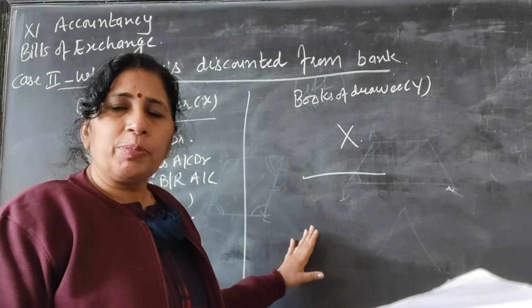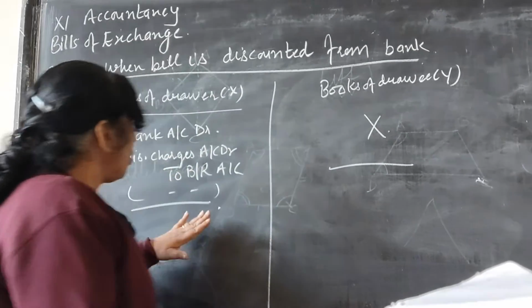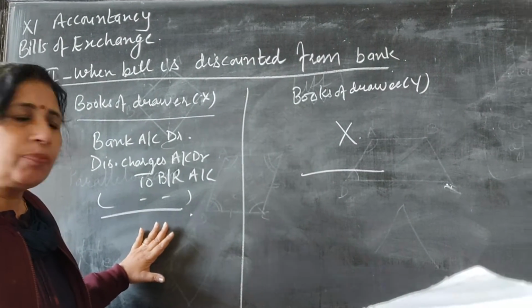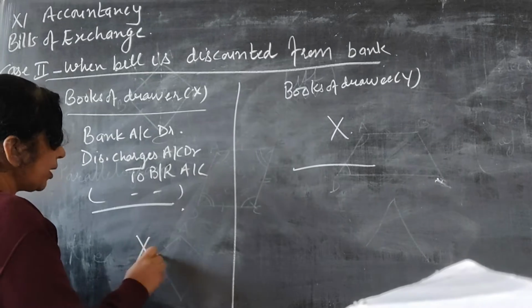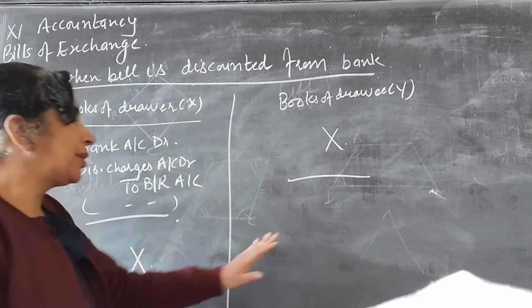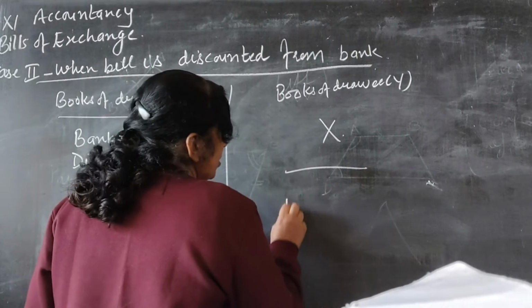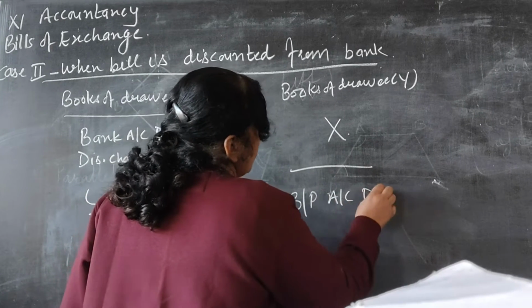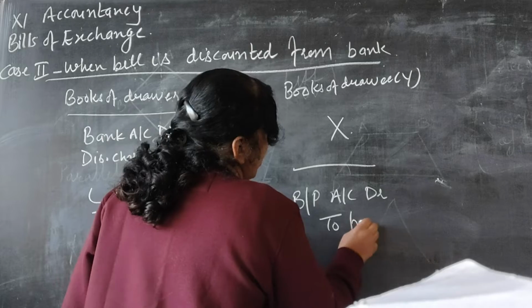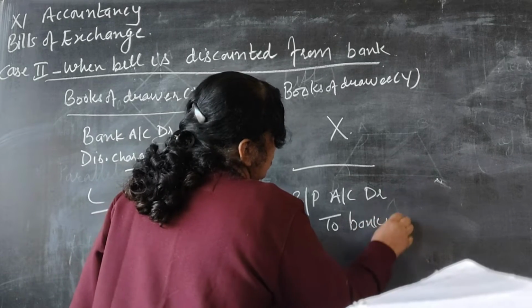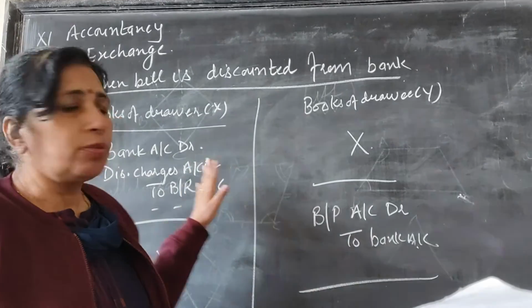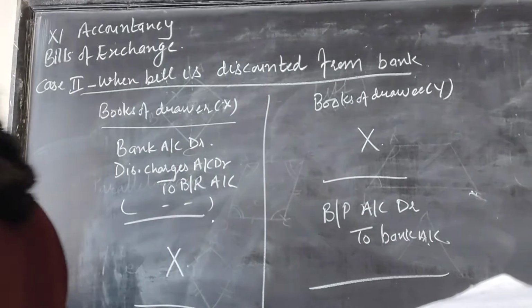And at the date of maturity, the drawer has already taken the amount against the bill, so no entry in the books of the drawer, but in the books of the drawee the same entry will be there: bills payable account debit to bank account, right?